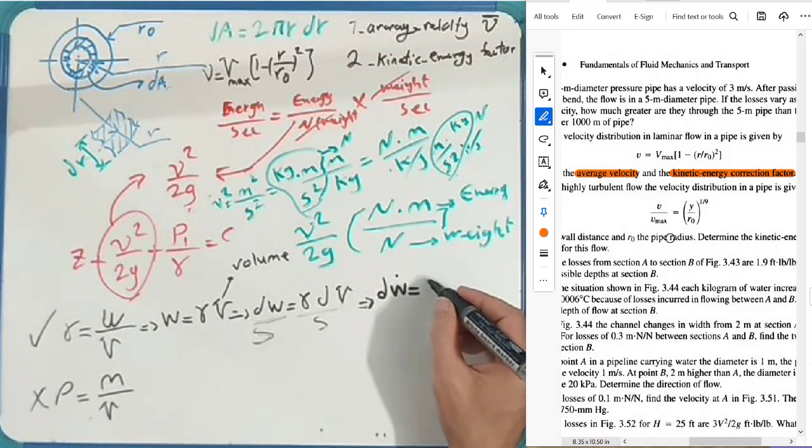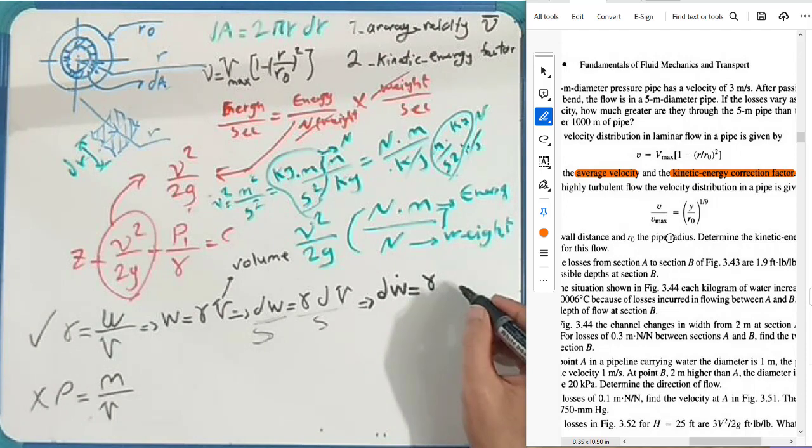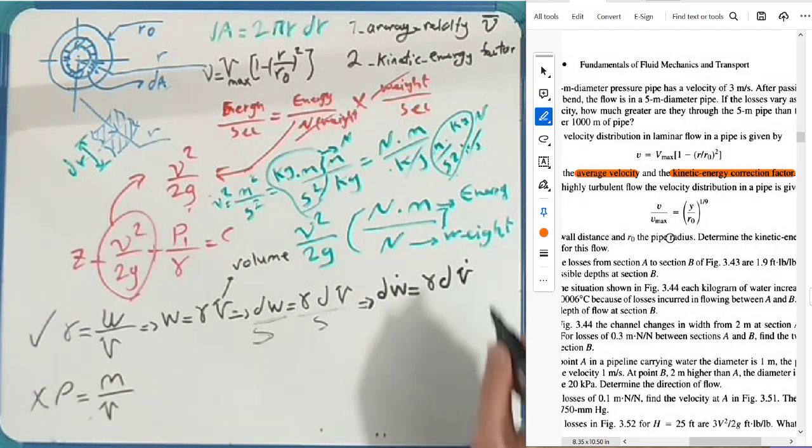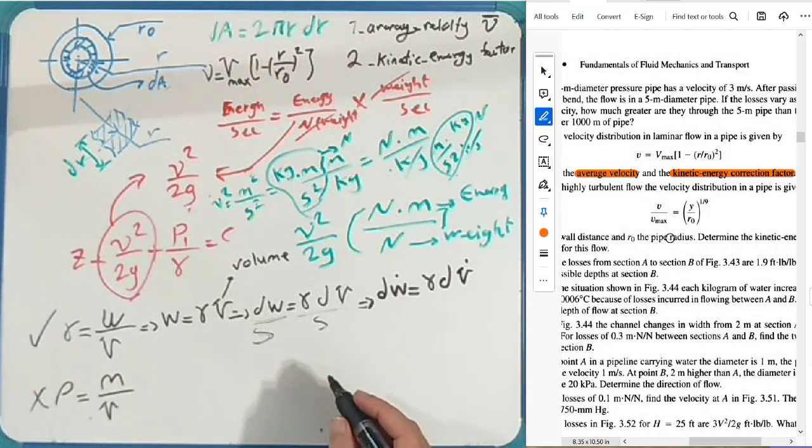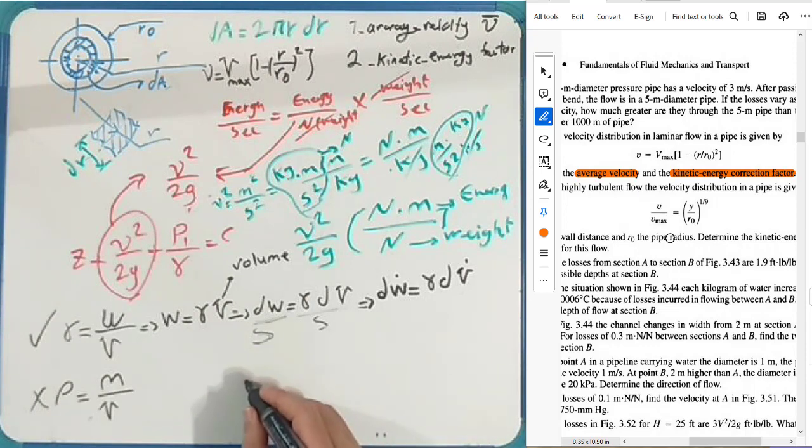Equals gamma dV dot. In place of dV dot, what can I use? I know that it would be velocity multiplied by A. Is it right? Of course.